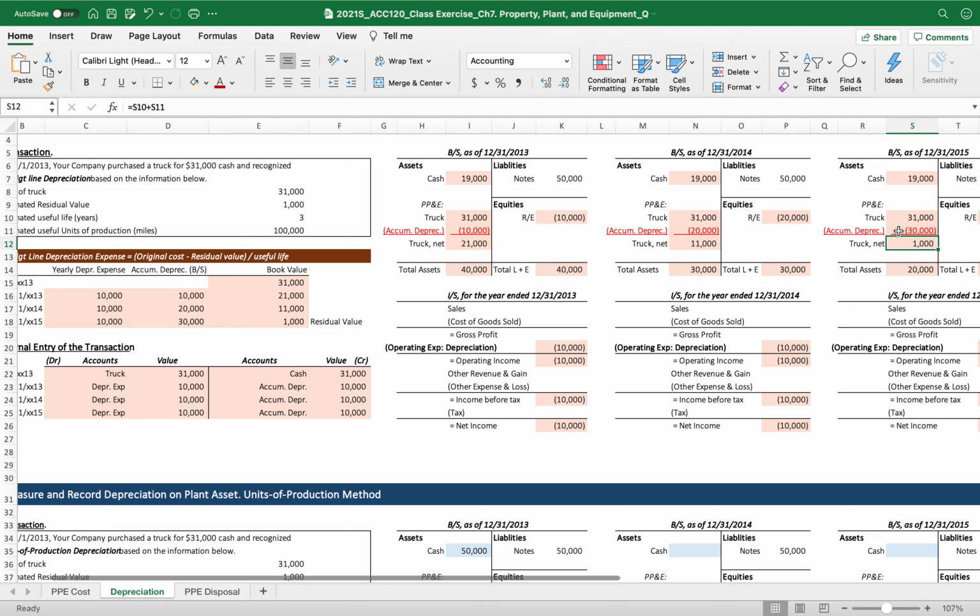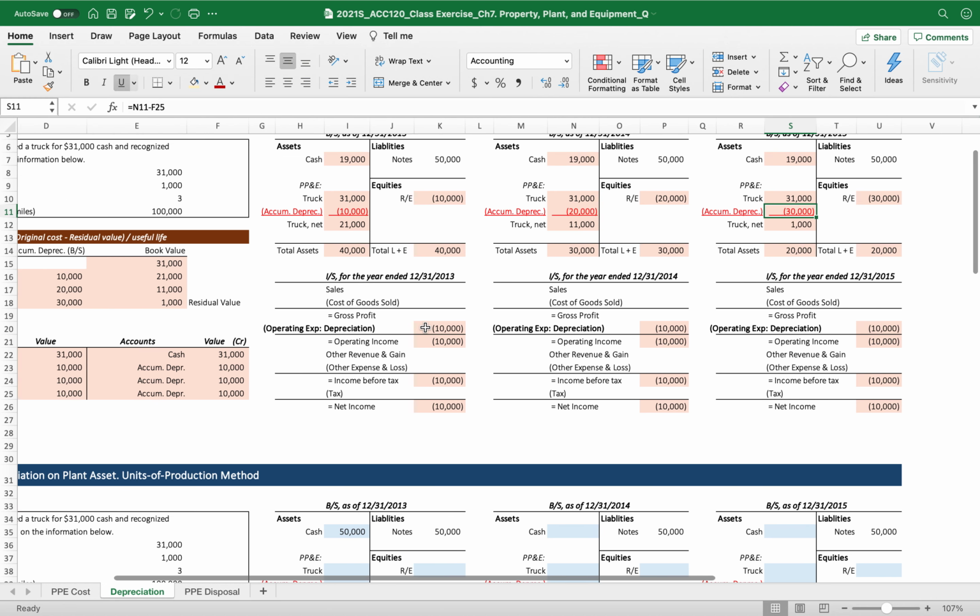Recording this accumulated depreciation $30,000 for 3 years. Every year depreciation expense is $10,000. The sum of the depreciation expenses throughout the useful life is the accumulated depreciation on the balance sheet.